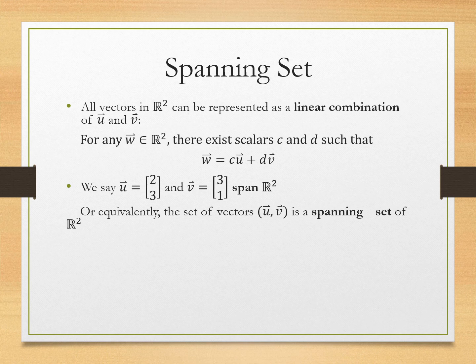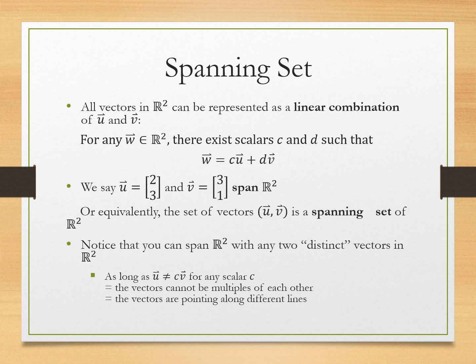So it's just a name. And as I've just mentioned, you can do this with any two vectors as long as they are pointing along different straight lines. They cannot be multiples of each other. As long as that's true, you can always span the two-dimensional real number space with these two vectors.